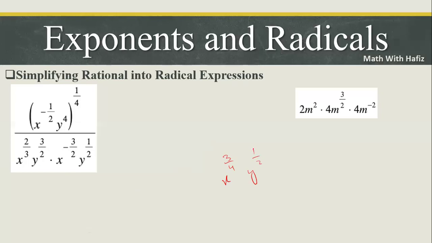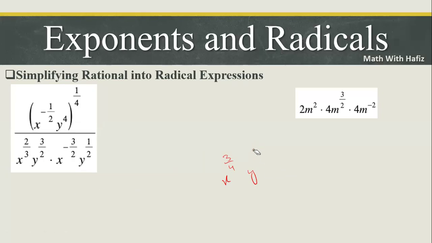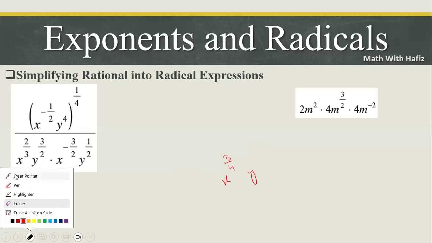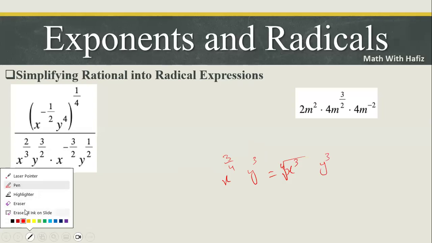Oh no, it was 3 over 2, I believe, or just 3. It was just 3. So you would write it as fourth root of x cubed and y to power of 3. So this is the actual answer for that.